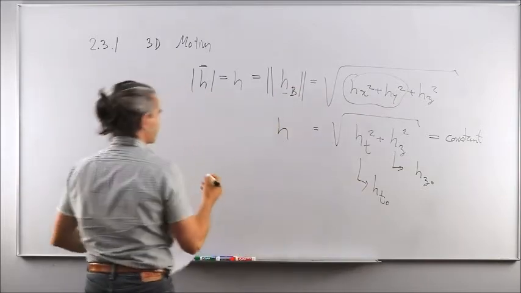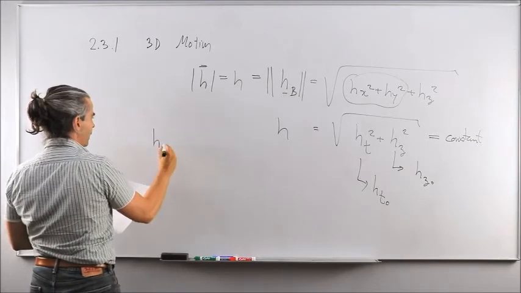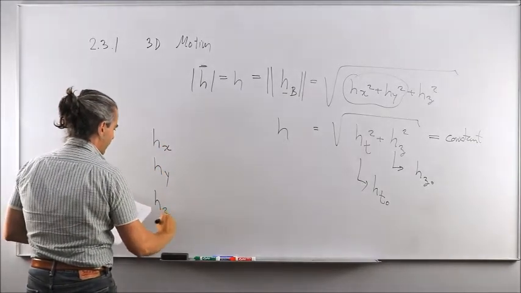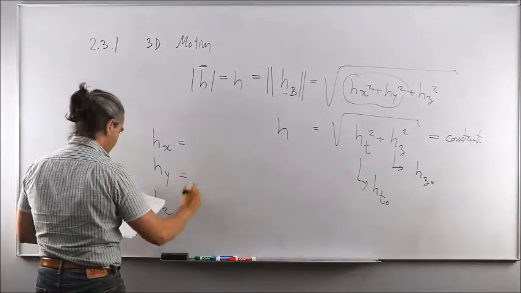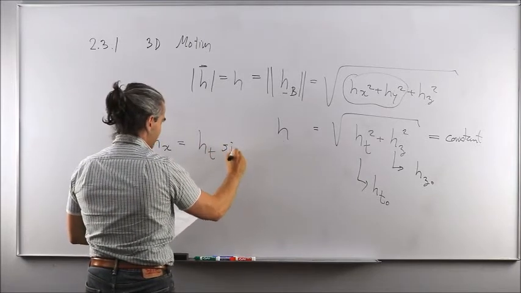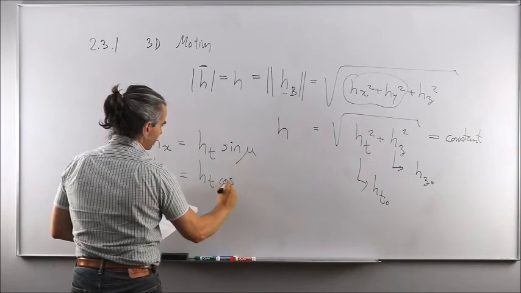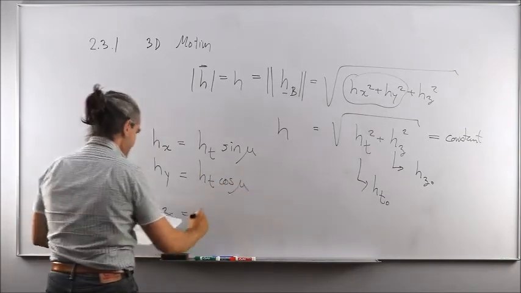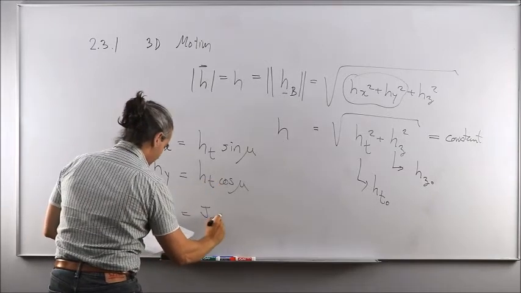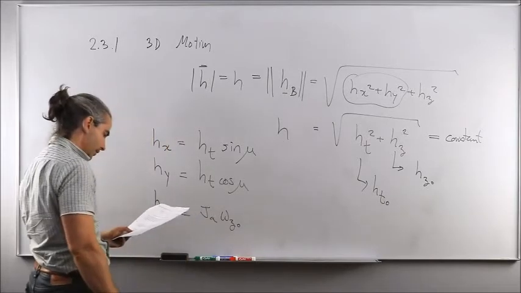So altogether, making use of the ht notation, we could rewrite the time explicit analytical expression for hx, hy, and hz: ht times sine mu, ht cos mu, and here hz naught, which is constant, or in other words, Jz omega z naught, which is constant, obviously.